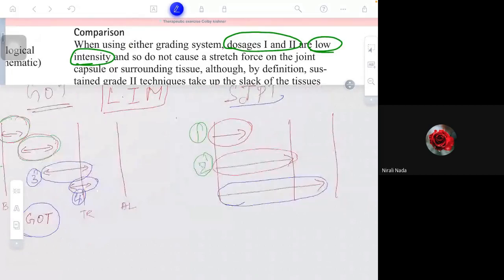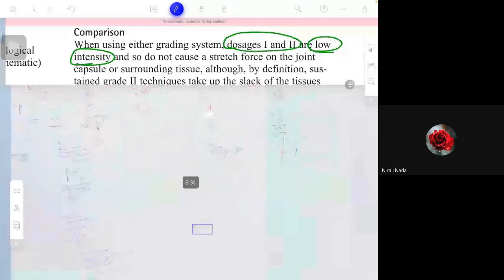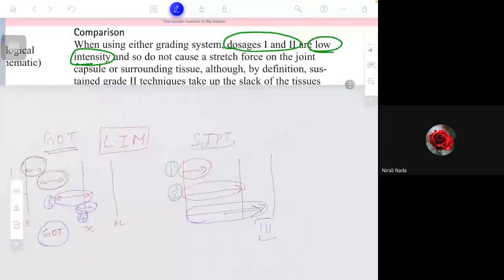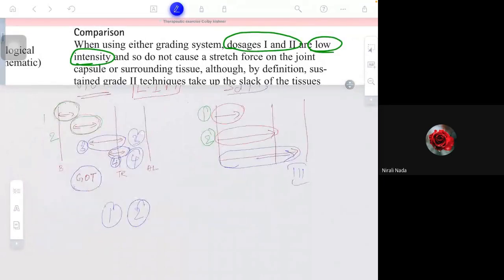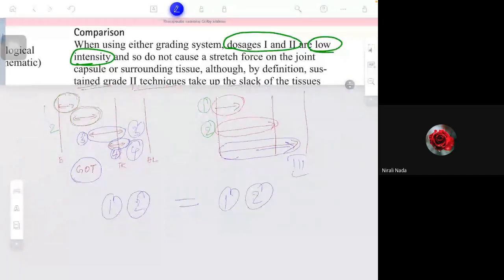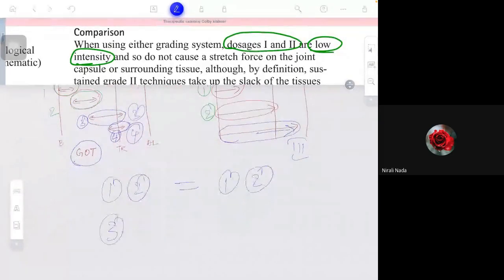Why? Because here also it is crossing; 3 is crossing, 3 is crossing, and 4 is crossing. So 1 and 2 is equal to 1 and 2. 3 and 4 is equal to 3.